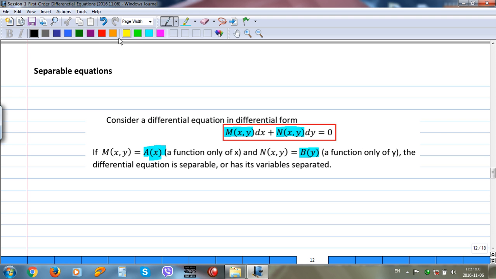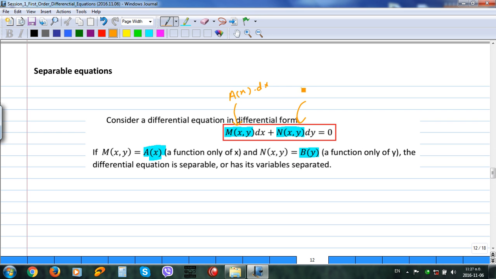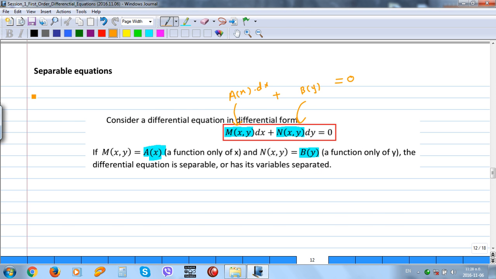It means this part is a function of x, A(x) times dx, and this part is a function of y, B(y) times dy, plus, equals 0. If a given equation can be created in that form, it means the differential equation is separable, or its variables are separated. So then we can treat it as a separable equation.